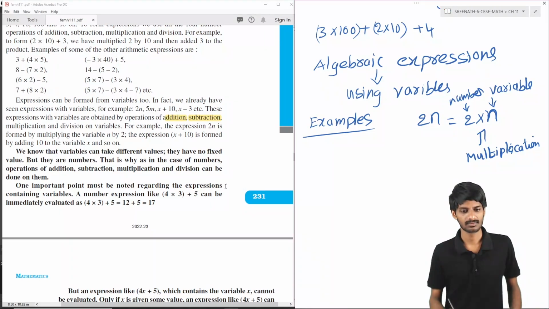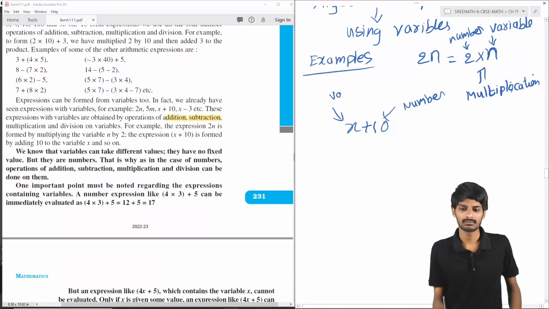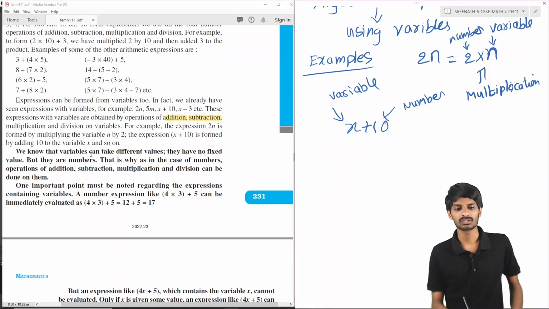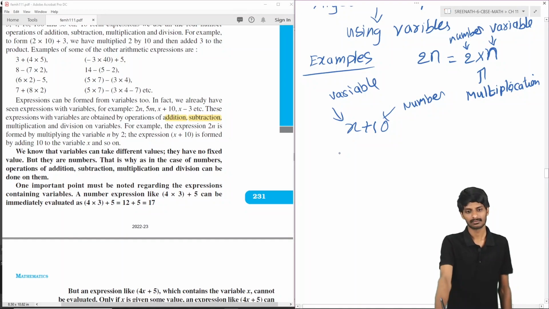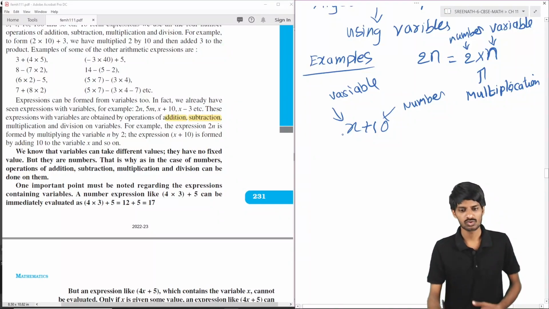Another example is x plus 10. It has a number, and again a variable, and there is an operation, addition. It is an algebraic expression that we can form. We know that variables can take different values, students. Whenever we substitute different values for the variable, it will be solved. In that case, addition, subtraction, multiplication, all will be used.